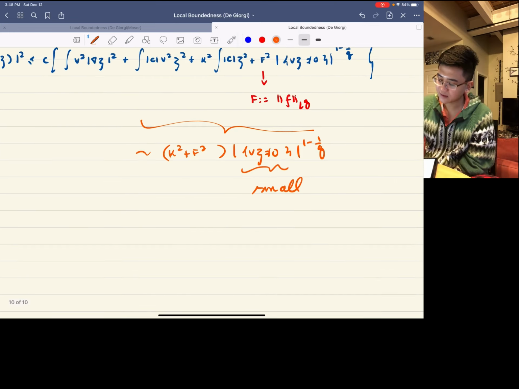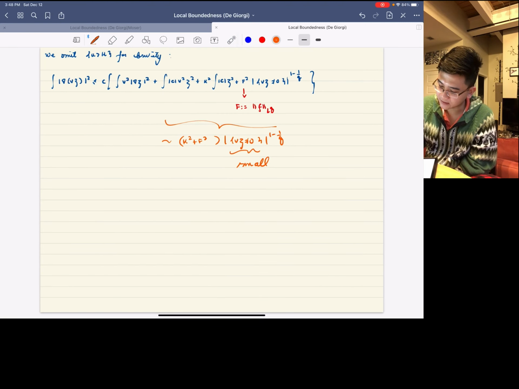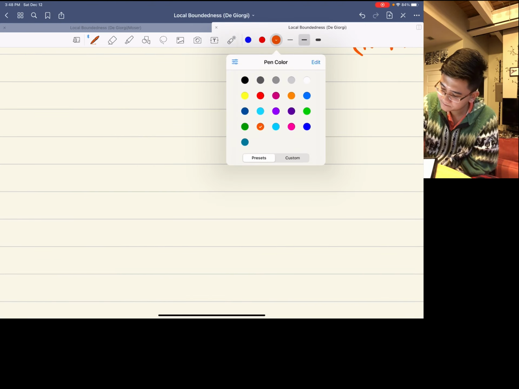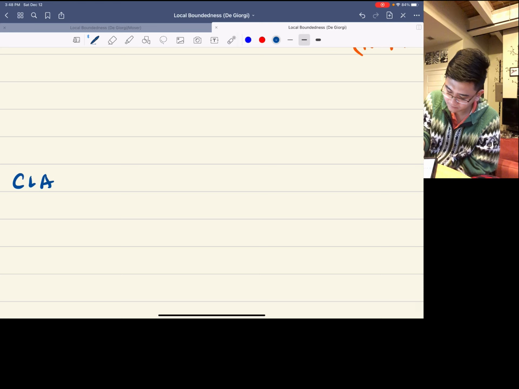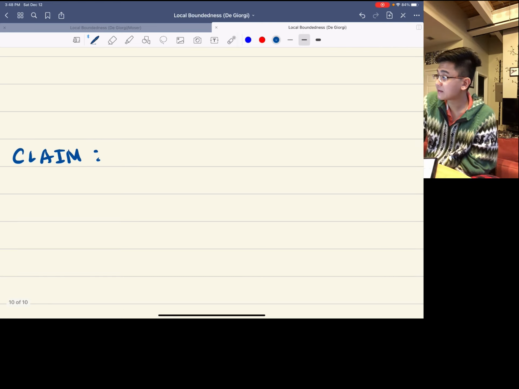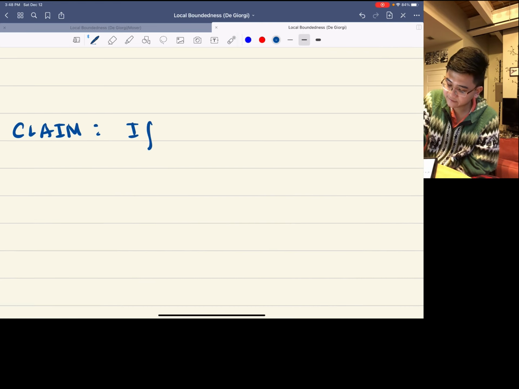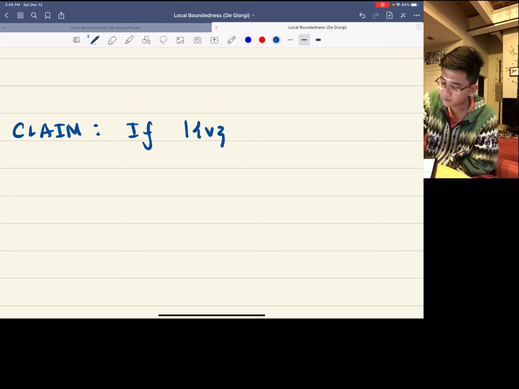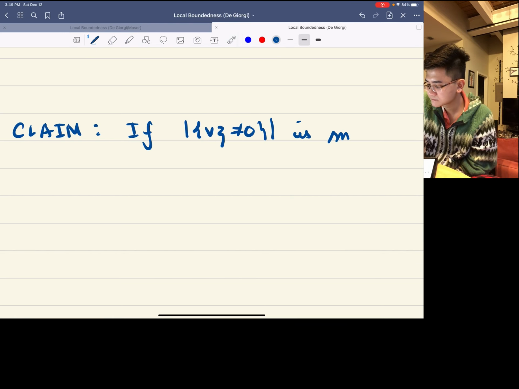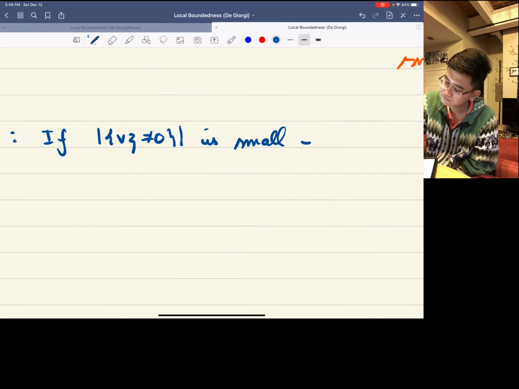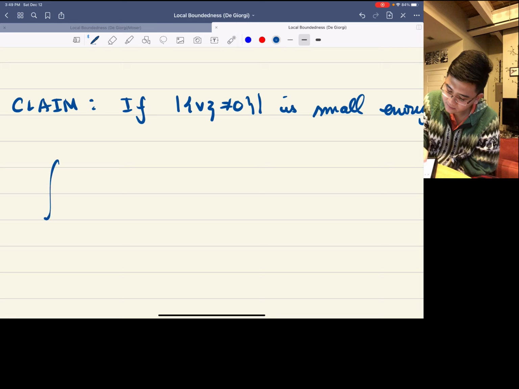Okay, and in fact, that is our claim. So we claim that if this is small enough, we have the following estimate.